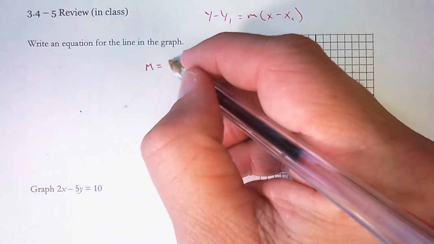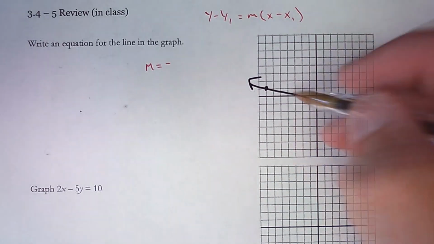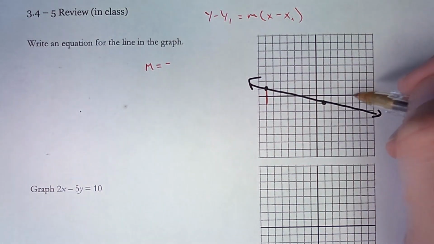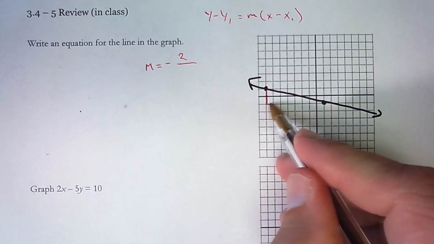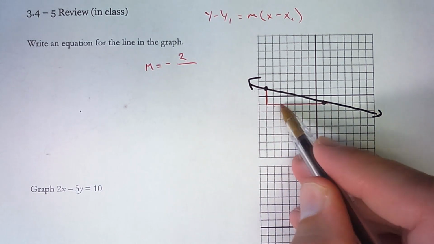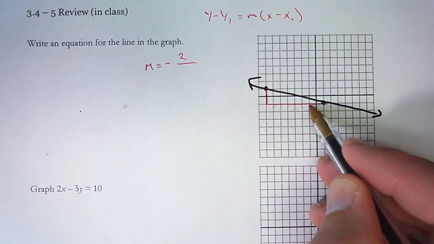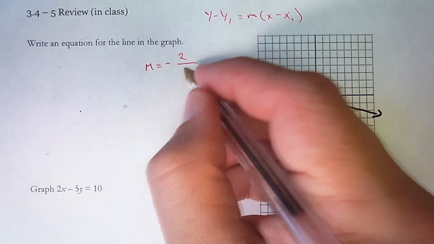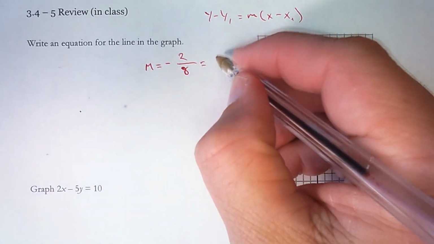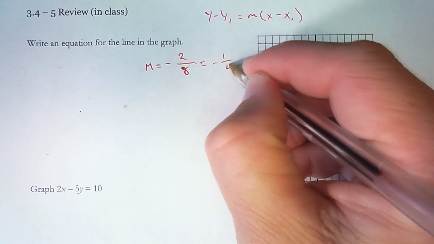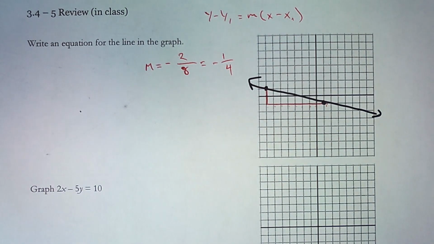So the slope, I know because it's falling from left to right, is going to be a negative slope. And it looks like it falls 2, so there's my rise. And the run, 1, 2, 3, 4, 5, 6, 7, 8. -2/8. I should always simplify if I can, and this one can be simplified to -1/4.